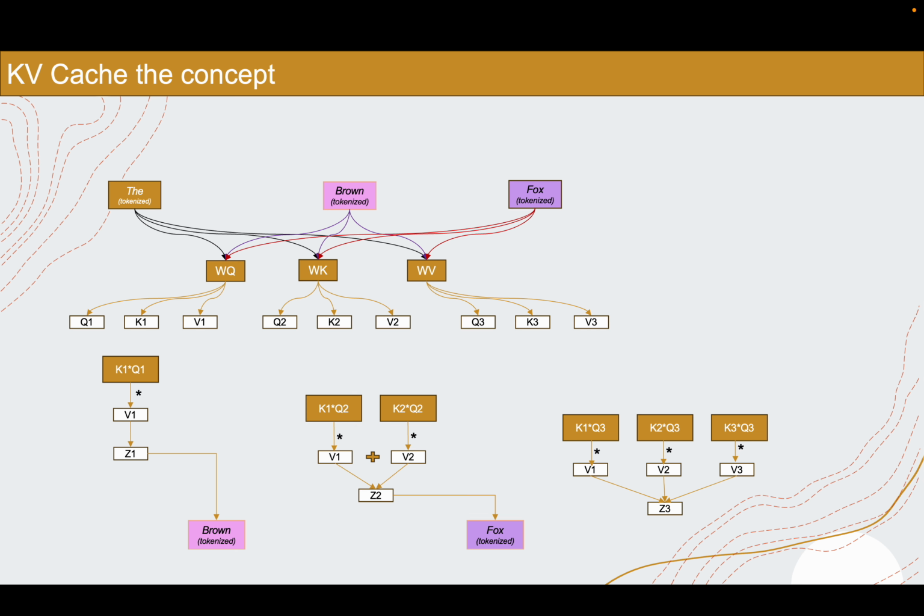I can reuse those values for the subsequent token. Only for the next predicted token do I need to compute the KQV values. For the others, I am just taking it from the cache. And that is the concept of KV cache in a very simplistic manner.